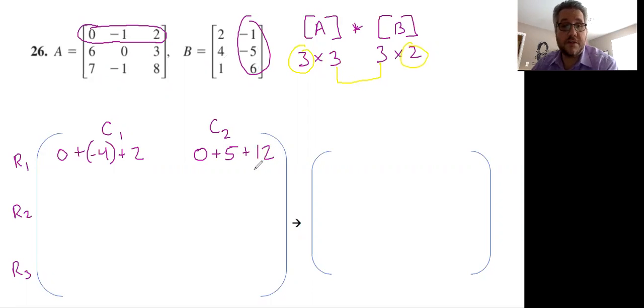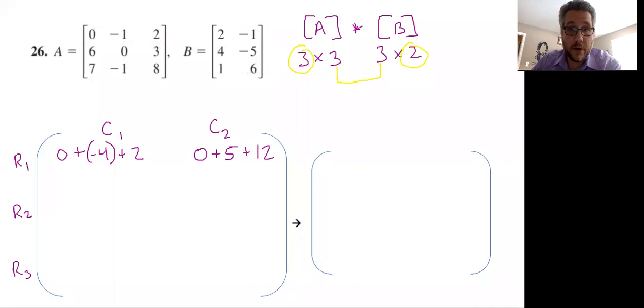Okay, that exhausts row 1. So now we're going to work on row 2. Row 2 would be these 3 elements, and we're going to multiply by column 1, which is these 3.